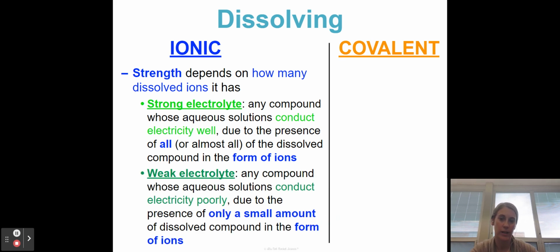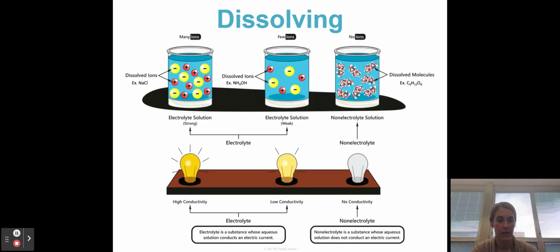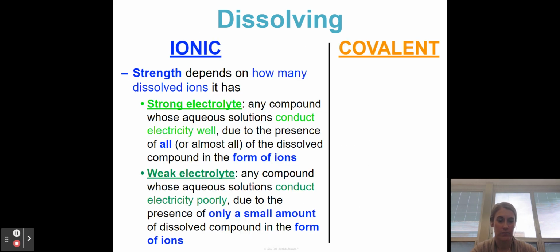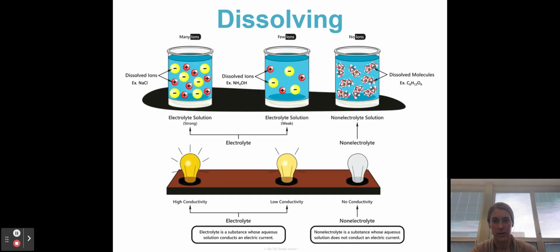A weak electrolyte is going to conduct electricity poorly. It's still conducting, but only a small amount of dissolved compound forms ions. So if you were to use that light bulb conductivity tester, it would be a dimmer light. And covalent doesn't form electrolytes, so there's nothing on that side.